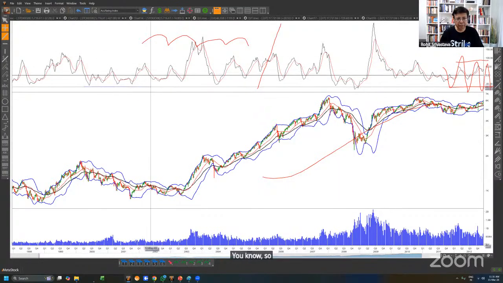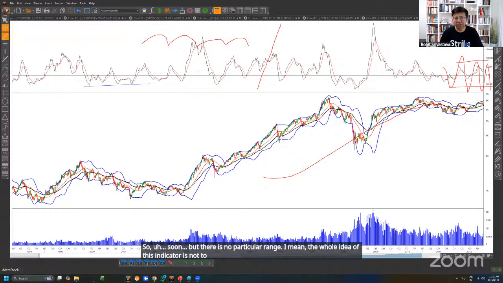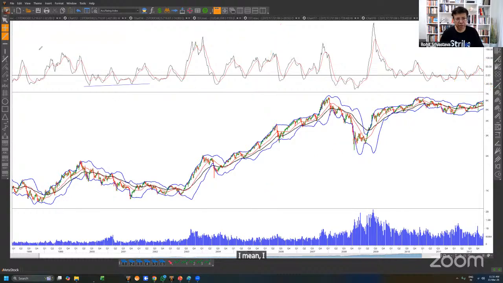Every time it came down to so much, you're near the bottom of that range. But there is no particular range. The whole idea of this indicator is not to have a range which is consistent. Am I answering your question?